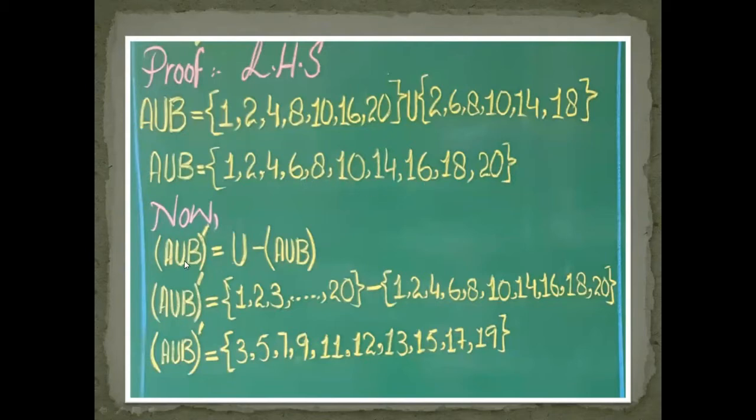Now the final step of the left hand side, that is (A union B) complement. Complement means difference, taking the difference with the universal set.